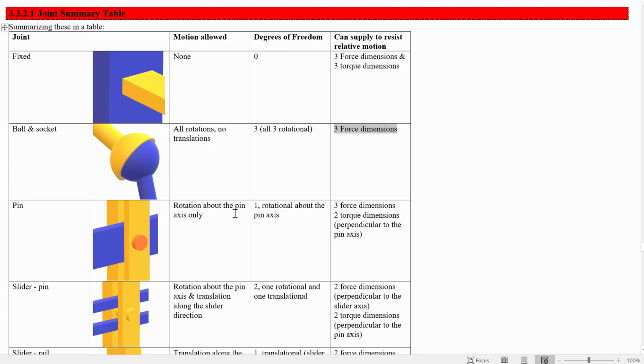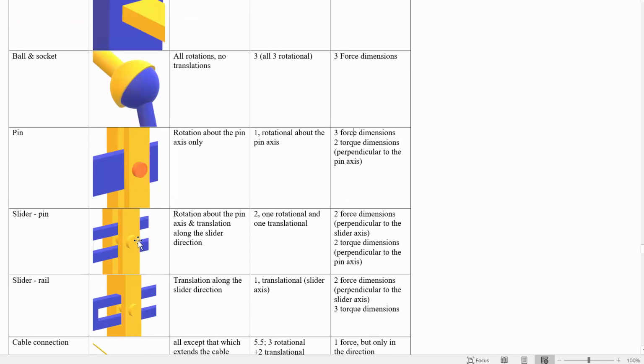Pin joint allows only rotations in one axis, one specific one, which has just 1 rotational degree of freedom then. It means it has 1 rotational degree of freedom about the pin axis, and will resist motion with 2 torque dimensions perpendicular to the pin axis, and all 3 force dimensions. Slider pin is similar but with 1 more degree of freedom. It has a rotational and translational degree of freedom.